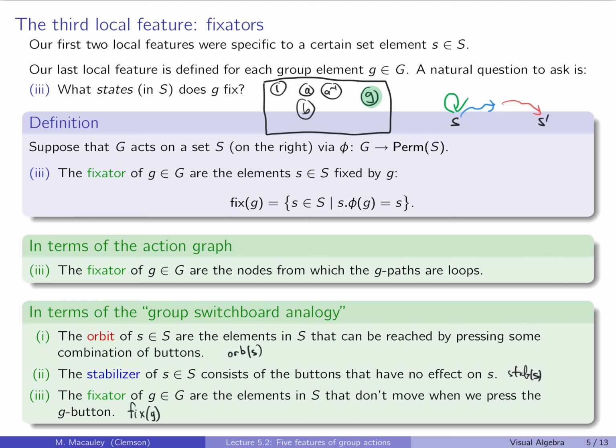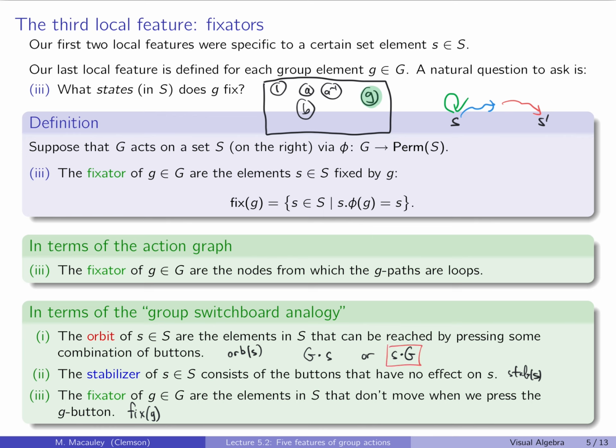Another thing is some books use different words or notation. So the orbit is pretty standard for terminology, but in terms of the notation, some books will write, and this is not terrible, g dot s or s dot g, depending on whether we're talking about a left action or a right action. So for a right action, a book would say s dot g, because it's all things that you get.